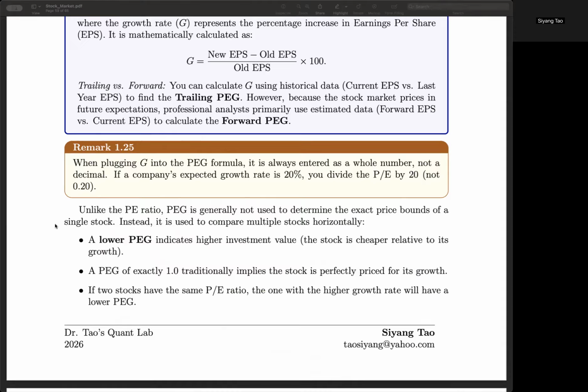It means the stock is cheaper relative to its growth. Second, a PEG of exactly 1.0 traditionally implies the stock is perfectly priced for its growth. Third, if two stocks have the exact same PE ratio, the one with the higher growth rate will mathematically have a lower PEG, making it a better buy.